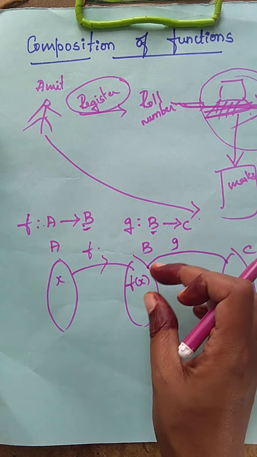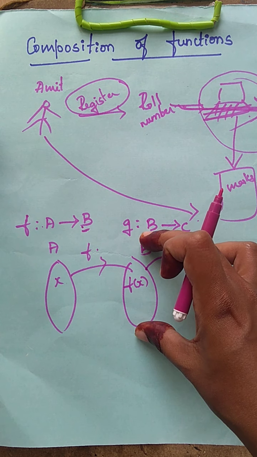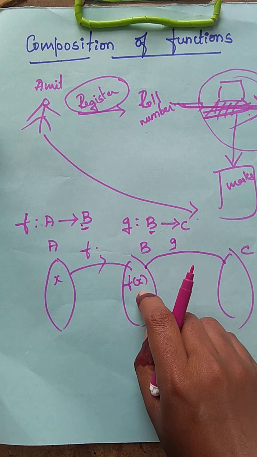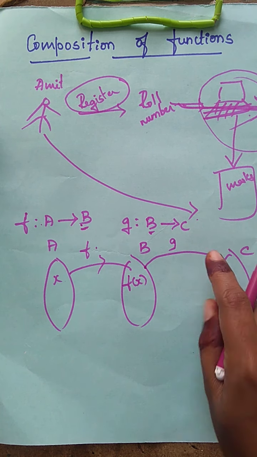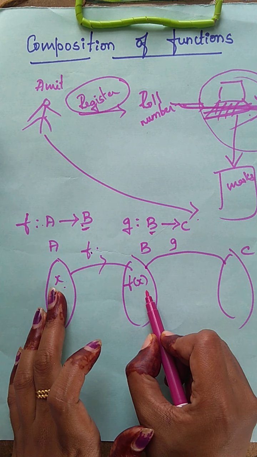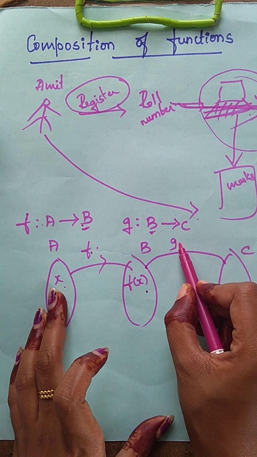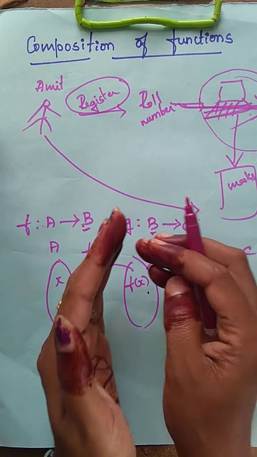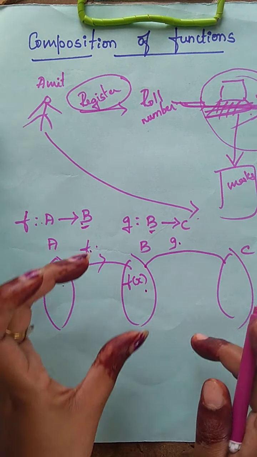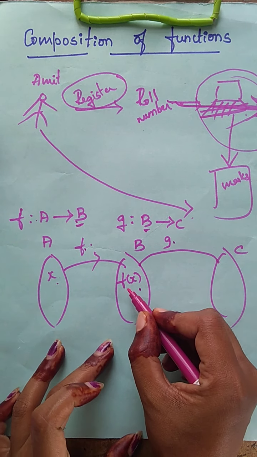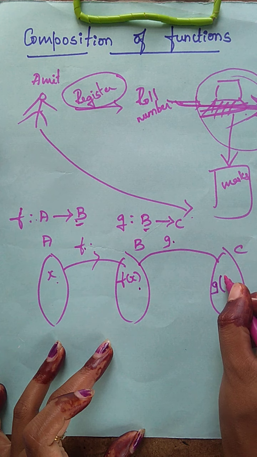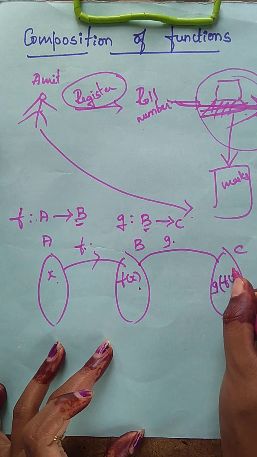For g, the domain is the set B, and B contains elements in the form f of x. If it was x, after the function f is applied, it becomes f of x. Now f of x is an element in the domain of g. If you apply g to this f of x, what will we get? We get g of f of x.